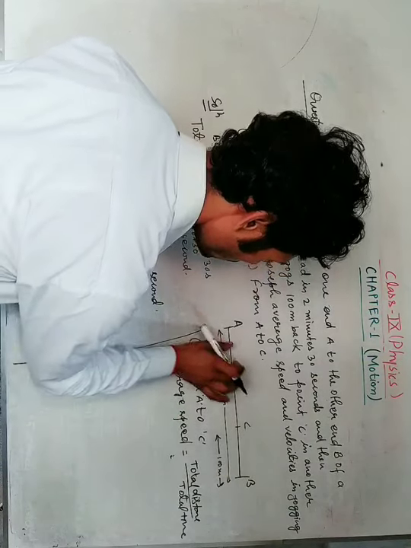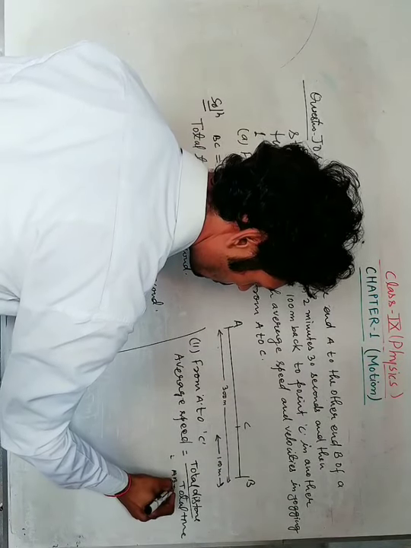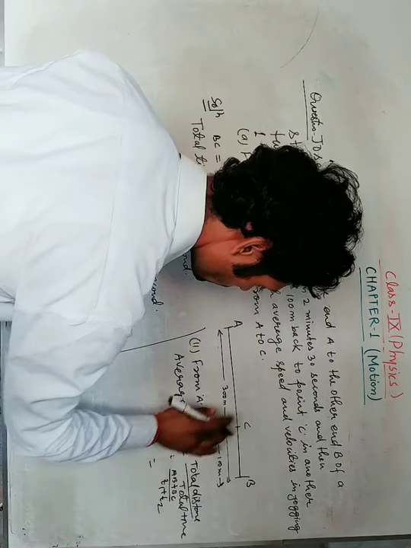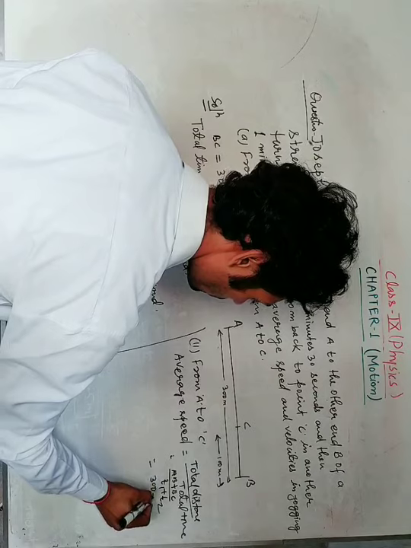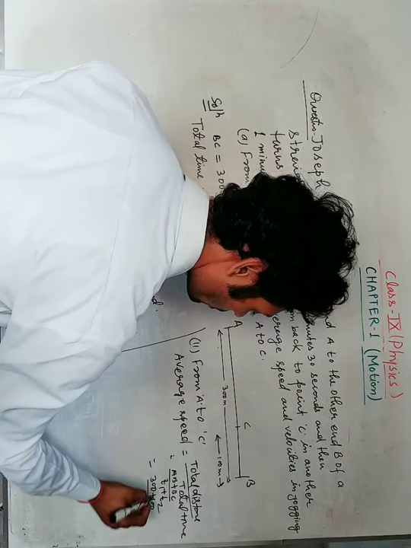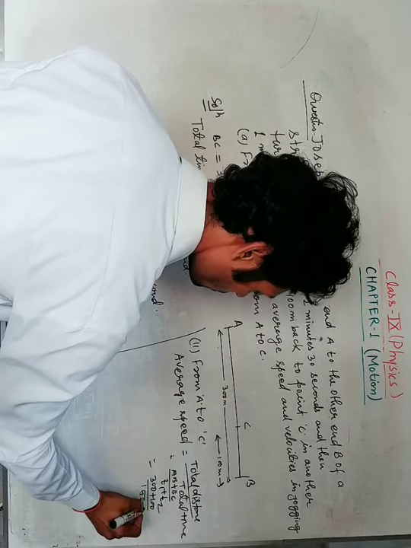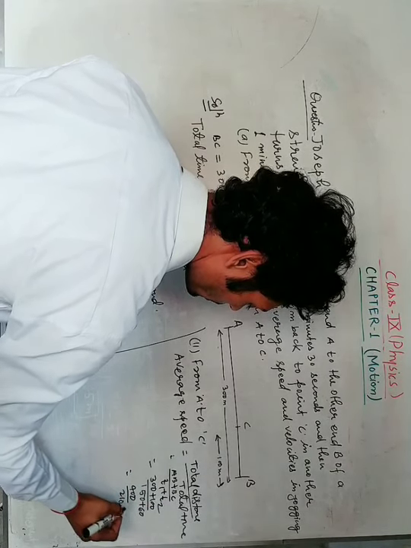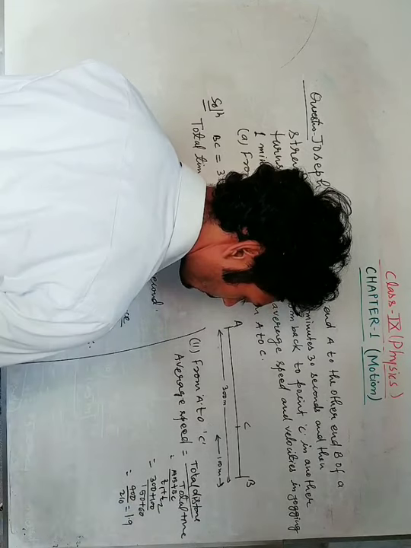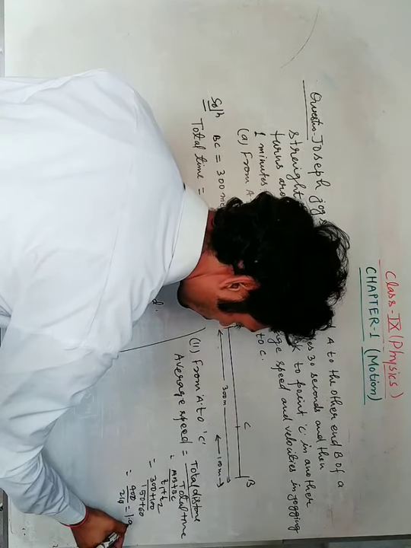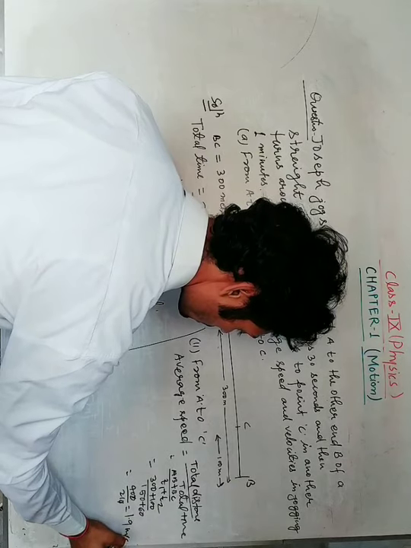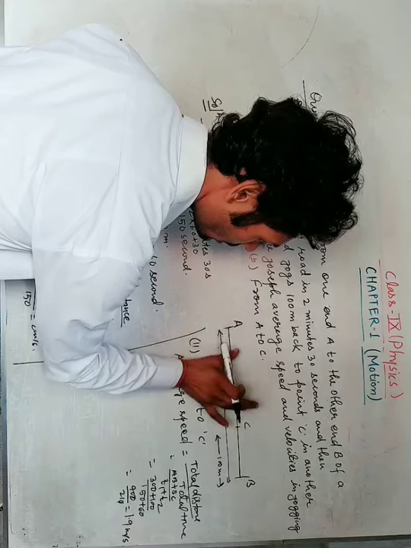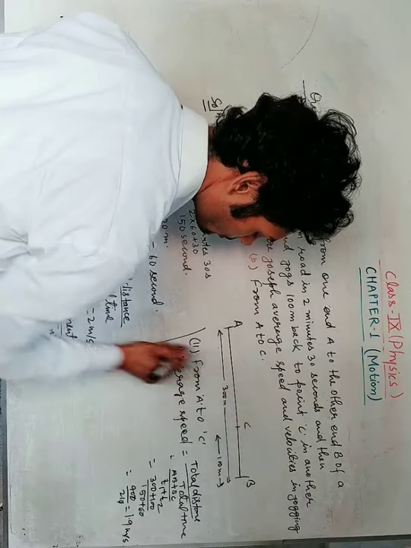Total distance equal AB plus BC by T1 plus T2. AB plus BC equal 300 plus 100 by T1 plus T2 equal 150 plus 60 seconds, equal 400 by 210 equal 1.9 meter per second. Total distance from point A to C is AB plus BC.